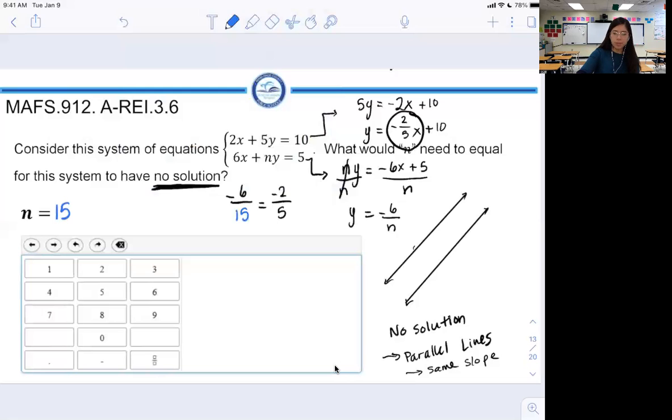Now, I'm going to show you what I was doing before I decided against it. Notice, 2 times 3 gives me 6. 5 times 3 gives me 15. So to go from the top equation to the bottom equation, this is times 3, this is times 3, and then here, does that match? Is that times 3?